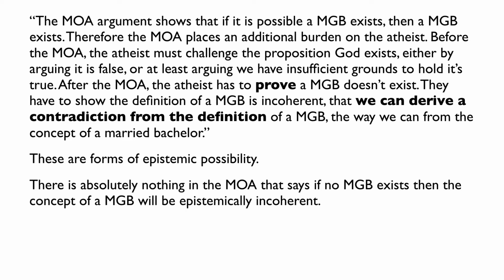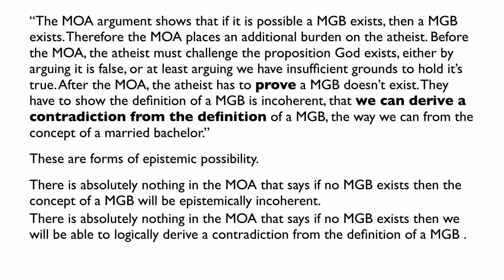There is nothing, absolutely nothing in the modal ontological argument that says if no maximally great being exists, then the concept of a maximally great being will be epistemically incoherent. There is nothing, absolutely nothing in the modal ontological argument that says if no maximally great being exists, then we will be able to logically derive a contradiction from the definition of a maximally great being.